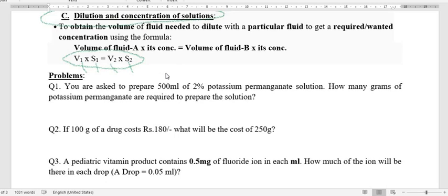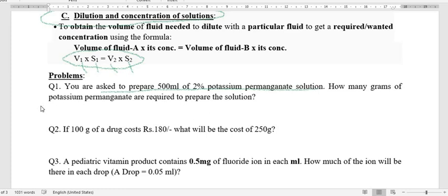So the first question is that you are asked to prepare 500 ml of 2% potassium permanganate solution.